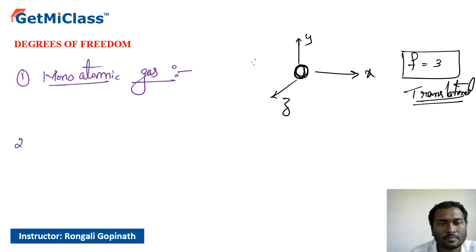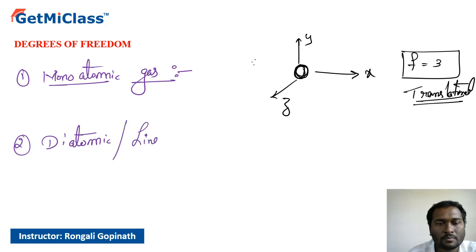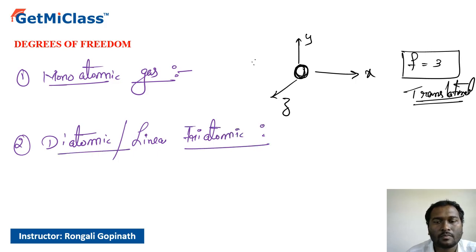Now the second one is diatomic or linear triatomic. What I mean to say is you'll find same degrees of freedom for a diatomic molecule as well as a linear triatomic molecule. Okay, so how does a diatomic molecule look like? Two atoms separated by a distance, right?